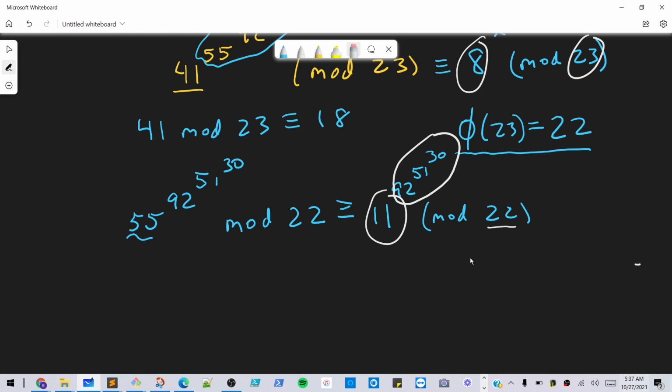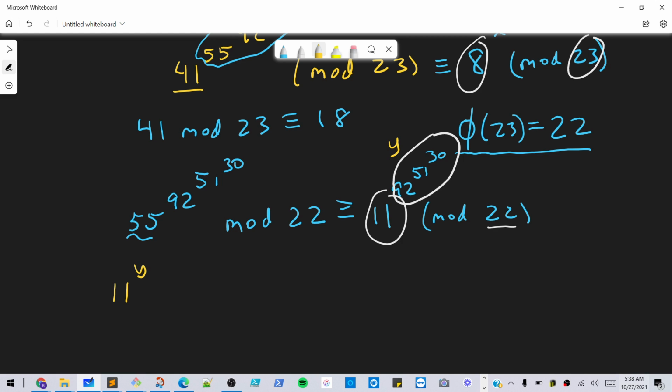Okay, so we seem to be in a little bit of a bind here, because we definitely need to reduce this exponent, but 11 and 22 are not relatively prime. What we can do is break this 22 into two separate equations. So let me write this like this. We have 11, I'm going to call this piece y, just so I don't have to keep rewriting it.